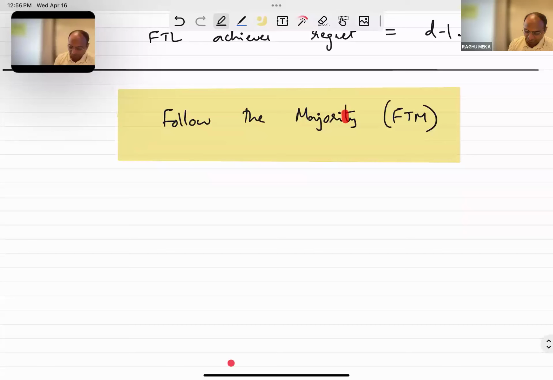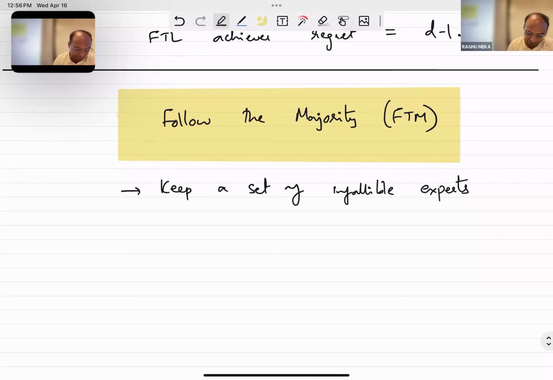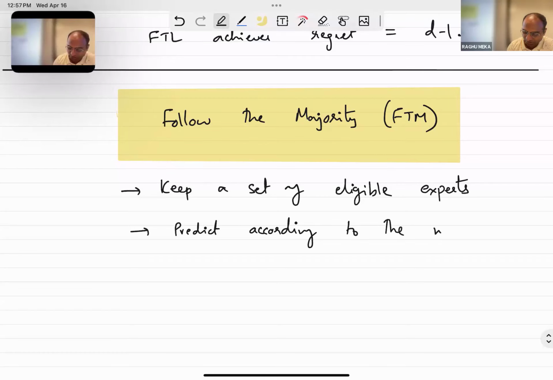So we keep a set of eligible experts, not infallible, sorry. If you knew that, that would be fine. Eligible experts, and we predict according to the majority.